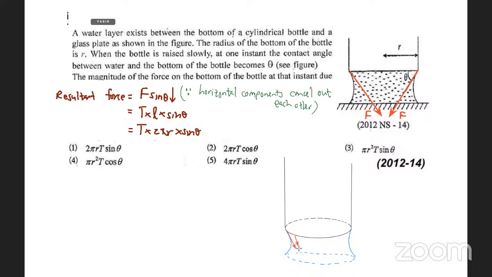Hope you remember, we drew diagrams previously as well. This is how the force is going to be created downwards. Hope you understand why it is slanted, because this force acts along that surface. And it will act here as well, people, don't forget. Perfectly vertically down like this. That's why the length is 2 pi r.